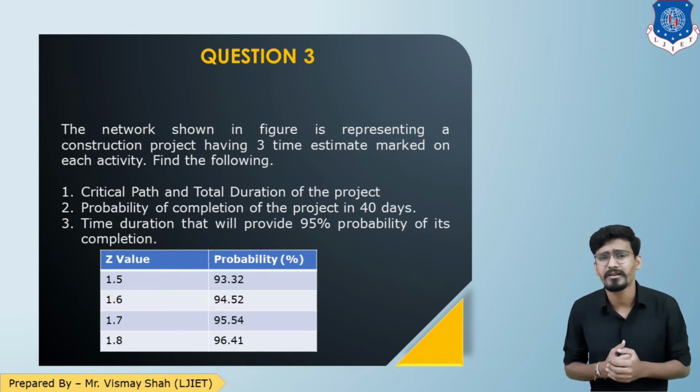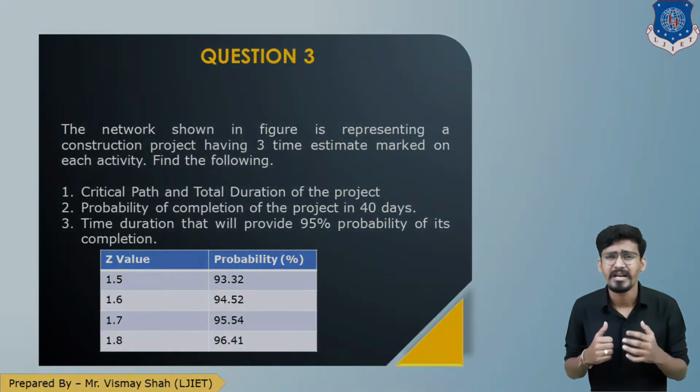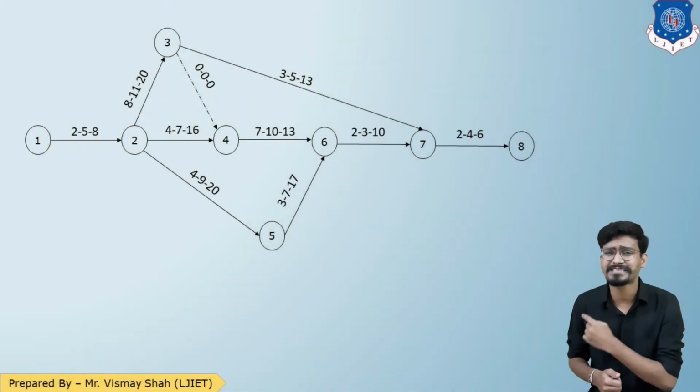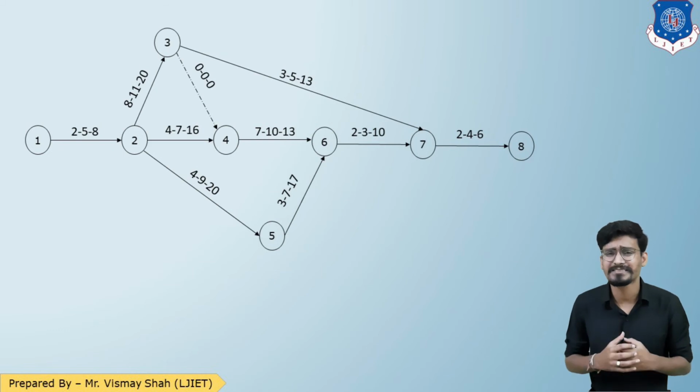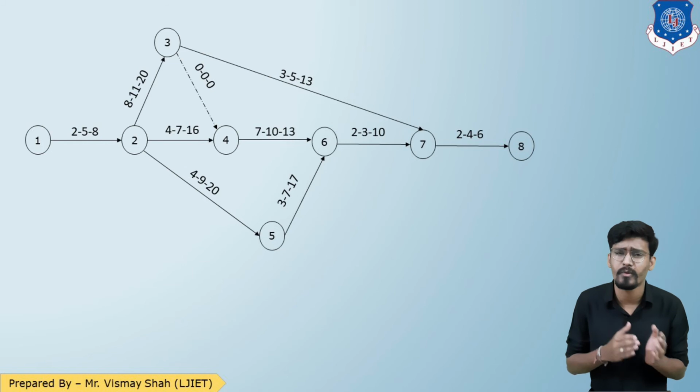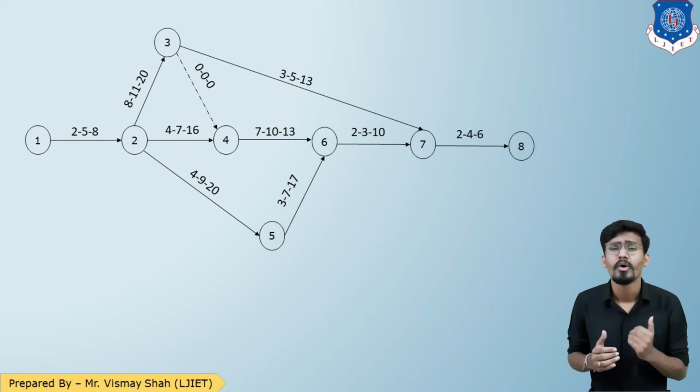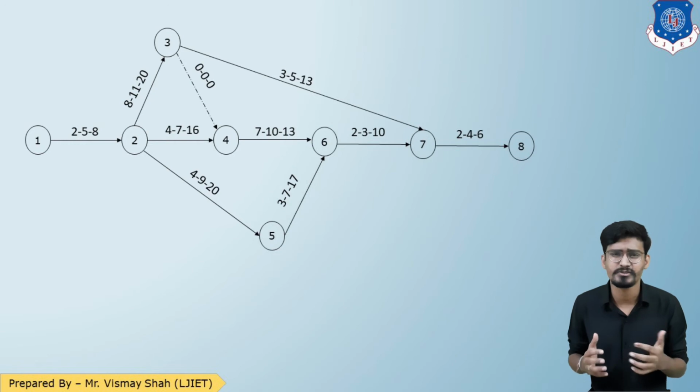So let us begin with the network. Alright, so as you can see in the figure, the network is given to you. Events number 1 to 8, 1-2, 2-3, 3-4, 2-4, 2-5, and so on. So that is how the network is given.